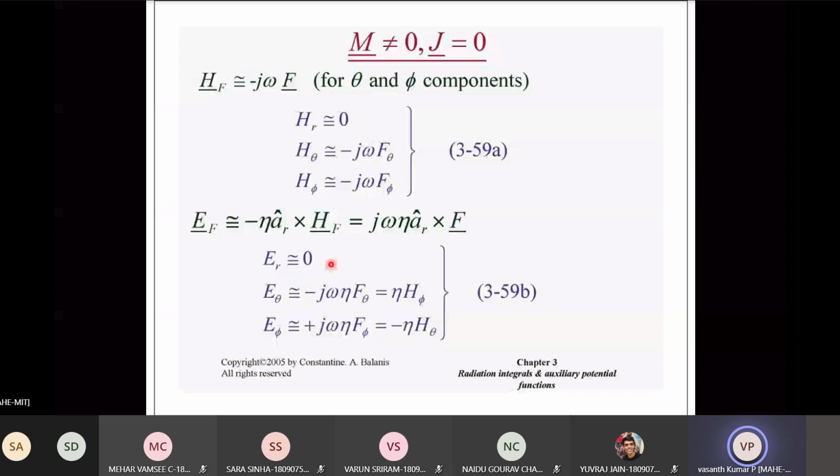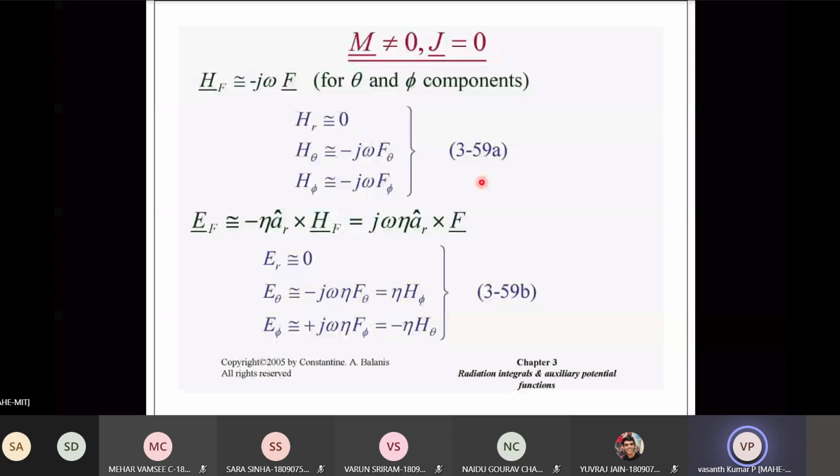From the derivation in the notes which I will provide, you can derive these equations also. In those equations also you have 1 by R, 1 by R square, 1 by R cubed terms, and so on. Since the distance is very large, the 1 by R square and 1 by R cube terms can all be neglected. So you get these terms.